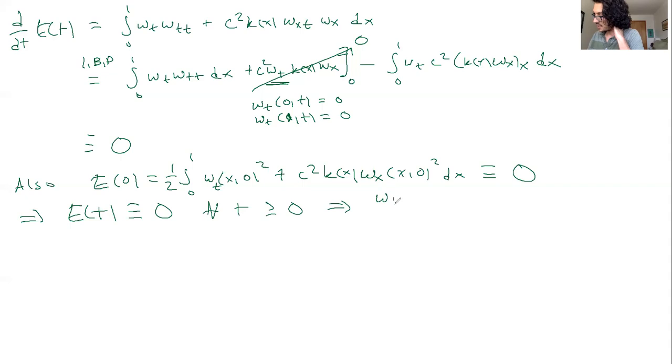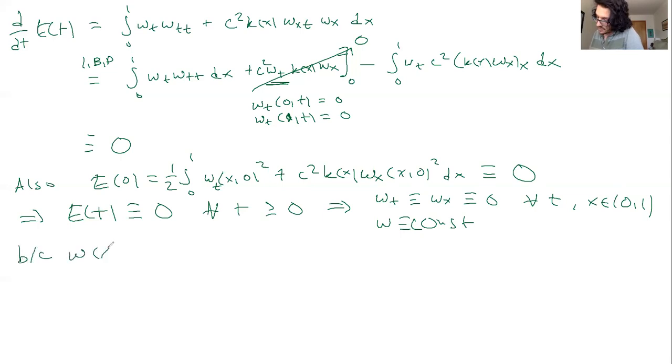So this implies that W_t and W_x are equal to 0 for any t, and for x from 0 to 1. So this implies that W is a constant, okay? And then because W of x,0 is equal to 0, this implies that W everywhere is equal to 0.